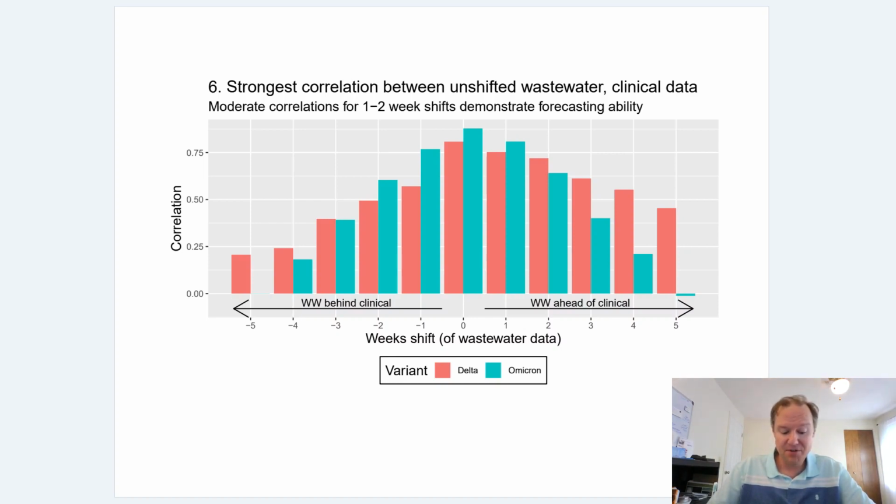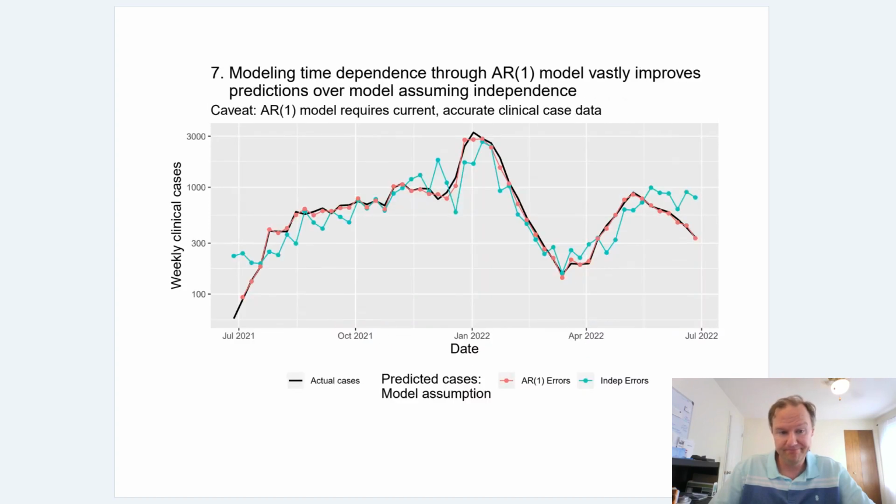This plot shows the correlations when such shifts are applied. While the strongest correlation occurs for the unshifted time series, that's with the 0 week shift observed on this plot, we can see there are moderately strong correlations for the shifts of 1 or 2 weeks in either direction, suggesting that there is some forecasting ability.